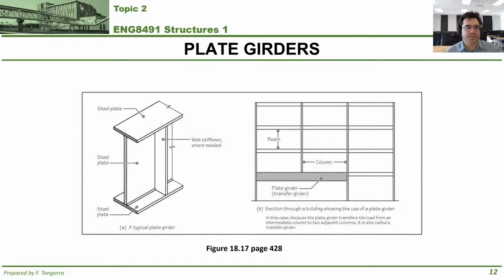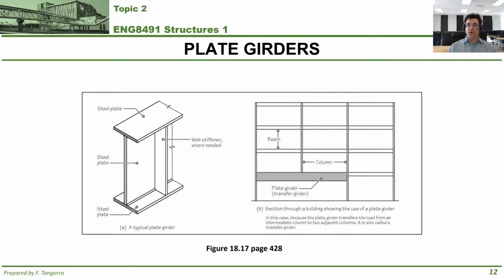Finally, I want to mention plate girders. Plate girders are kind of custom-ish shapes, if you will. They are basically I-beams, but not hot-rolled I-beams. Instead, they're typically made to suit, where you take a steel top plate, a steel bottom plate, and a steel plate for the web, and you weld them together to get an I-beam.